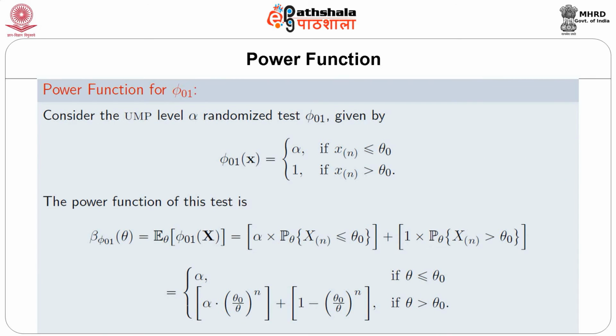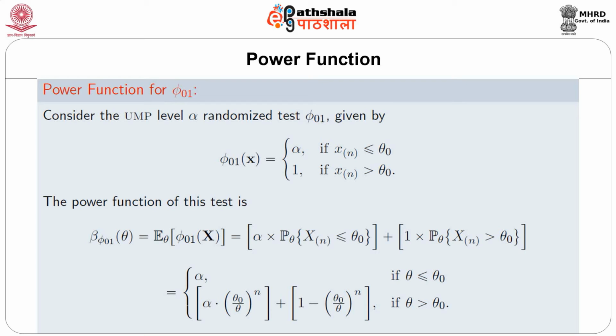Now, power function of different tests. We have considered the randomized test, which is alpha if x order n is less than or equal to theta naught, and 1 if x order n is greater than theta naught. Now, how can we find the power function, and what is the power? Power is the probability of rejection of H naught at theta, where theta is greater than theta naught.